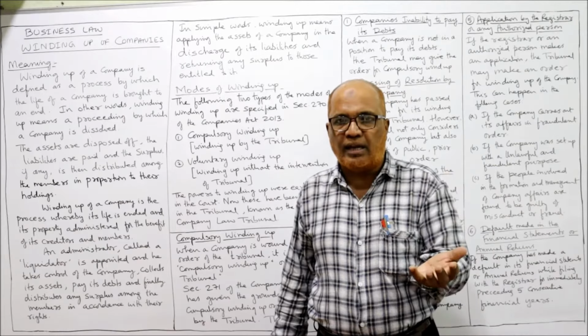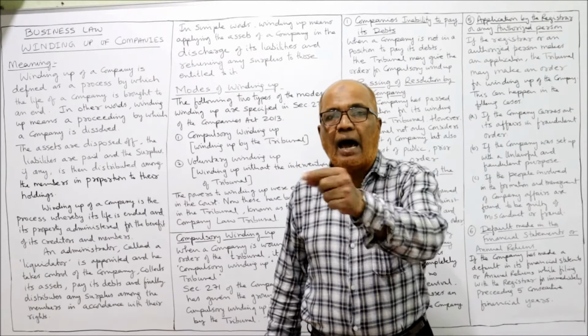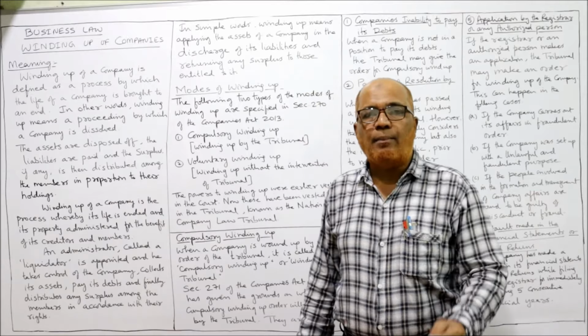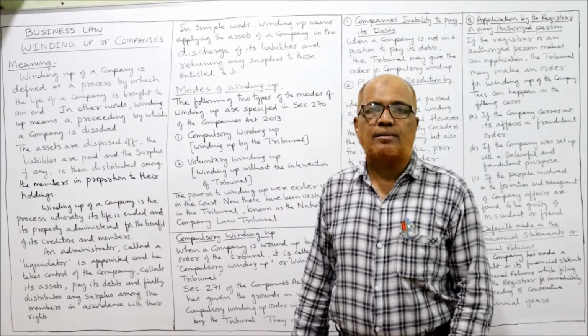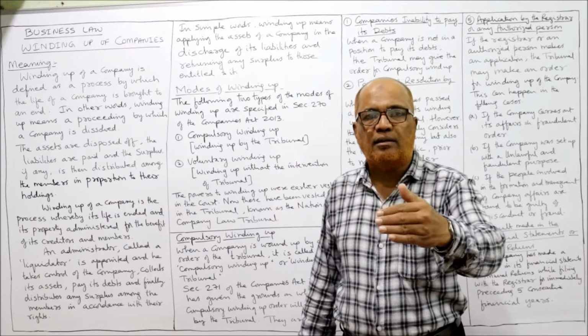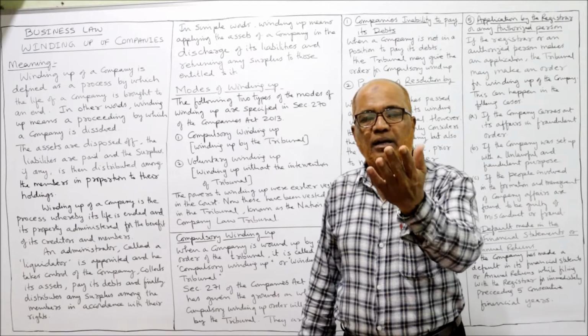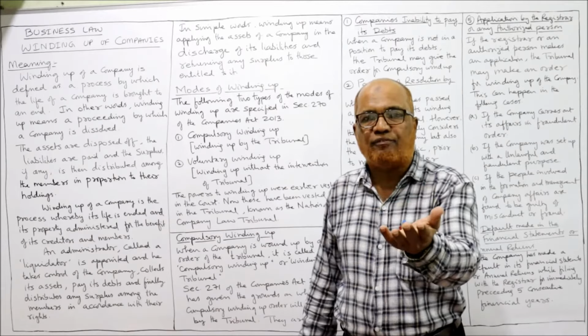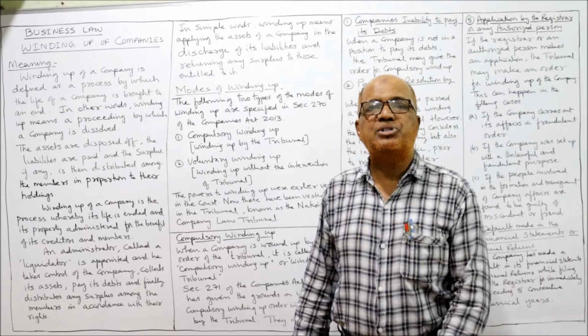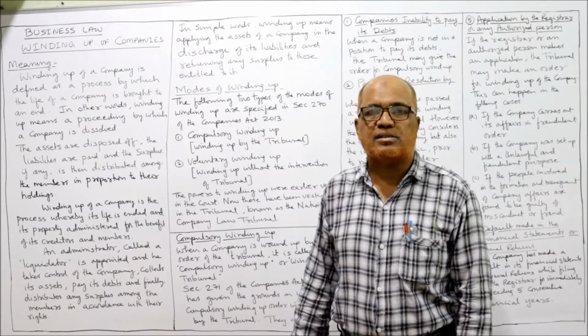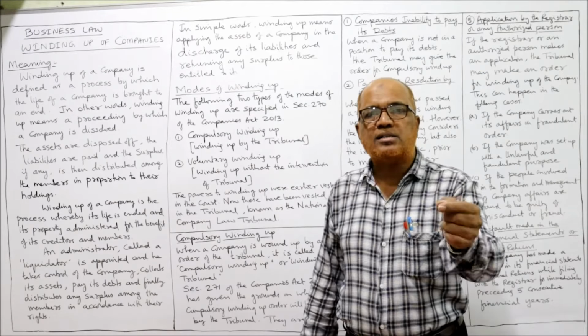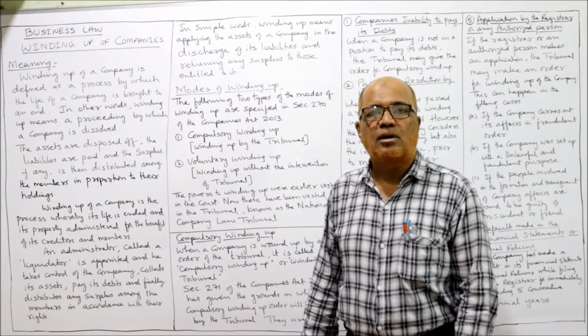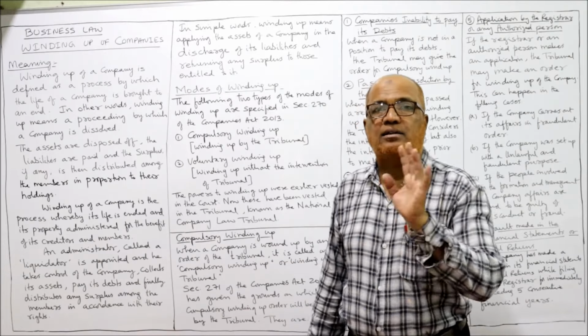The amount will be realized. From that amount, the liabilities, the amounts owed to others, will be paid. And after payment of liabilities, if any surplus is left, that surplus will be distributed among the members, the shareholders, according to their holdings or according to their rights.